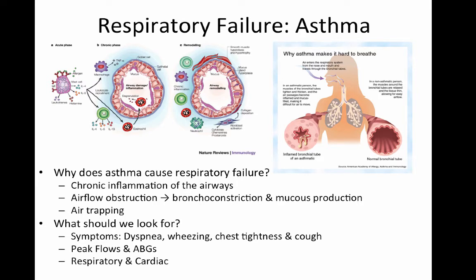Respiratory failure in asthma, just really briefly. Asthma is also an obstructive pulmonary disease. Again, you have chronic inflammation of the airways. These are the large airways. And it's usually because of exposure to some kind of allergen or irritant that sort of initiates the inflammatory response. And what happens is, again, you have those mast cells and things in the basement membrane of the bronchial airway.